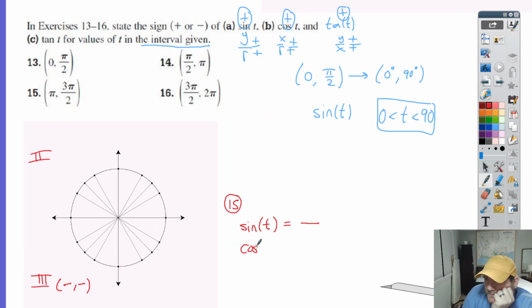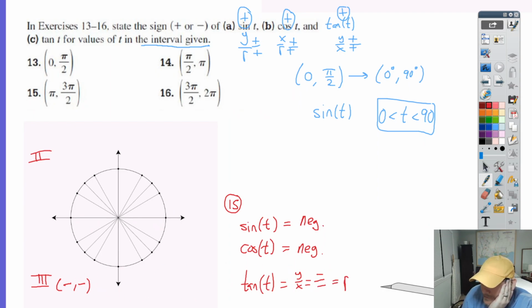Then cosine, well, that's based on x, which is still negative. So an x over a radius is still negative. Instead of these negative signs, which just look like I'm making a blank, why don't I write out negative? Negative. Then you come to tangent, and we kind of saw this already, somewhat interestingly. Remember, it's y over x, which in quadrant 3 is kind of special because it'll be a negative divided by a negative.